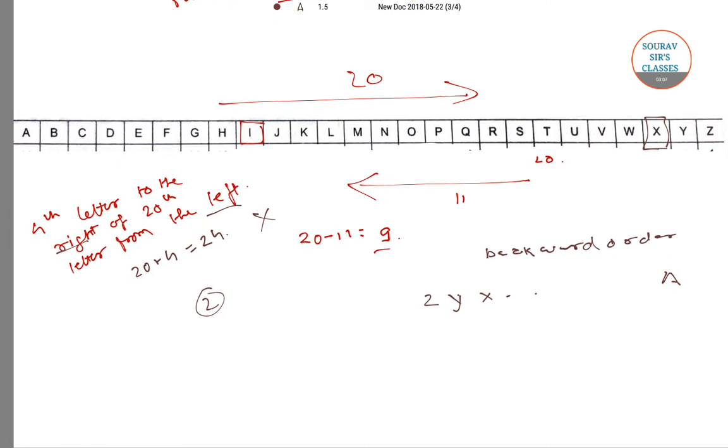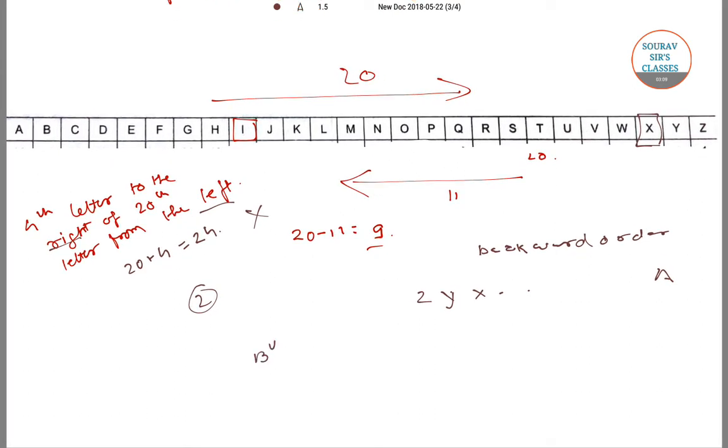Otherwise, suppose we have a question: the 13th letter to the left of the 3rd letter from the right, to be found when the alphabets are written in backward order.